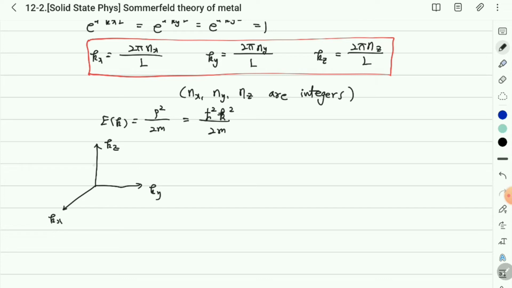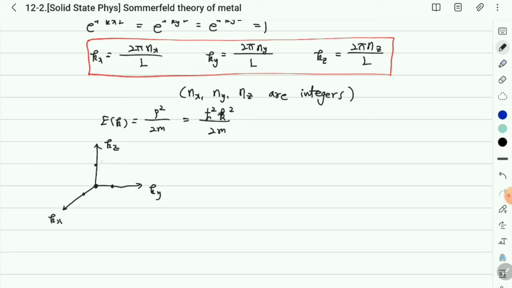For example, n_x, n_y, and n_z are all equal to 0, it is the zero point, and also n_x equal to 1 but n_y and n_z equal to 0, and also this point is n_y equal to 1, and this one is n_z equal to 1.